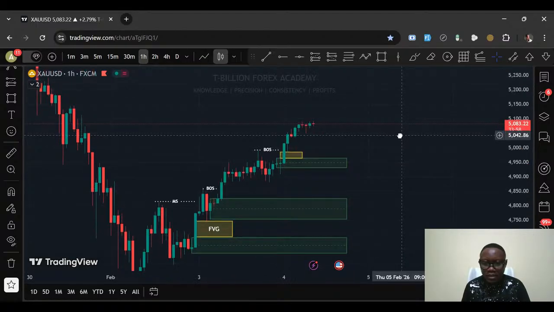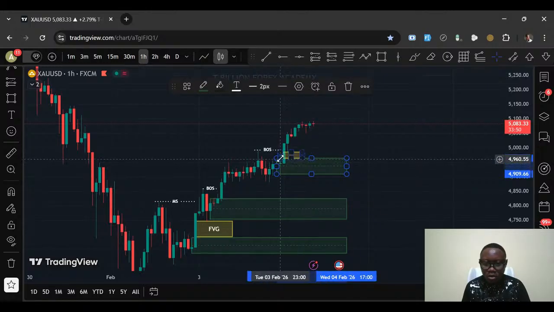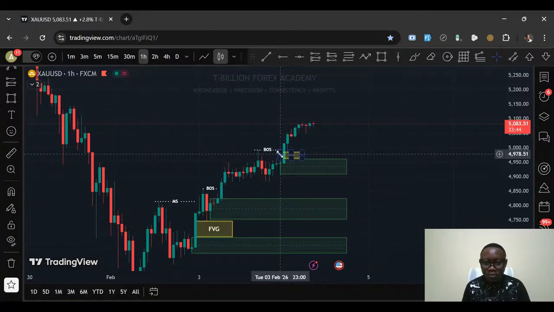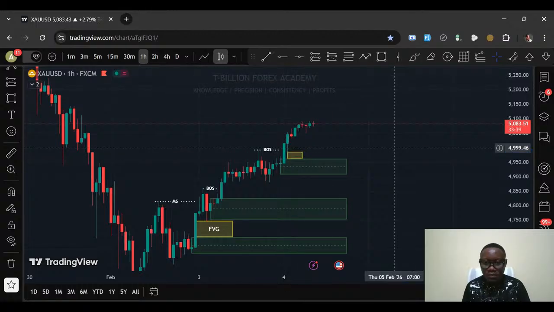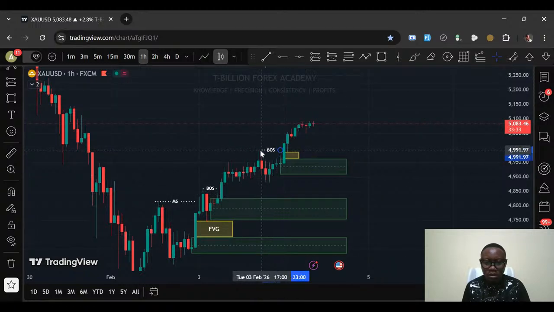Refining this, I'll refine this to this candle, this one. That is my zone on the 1H time frame, and this becomes my FVG. This becomes my FVG, and I can take this to this.